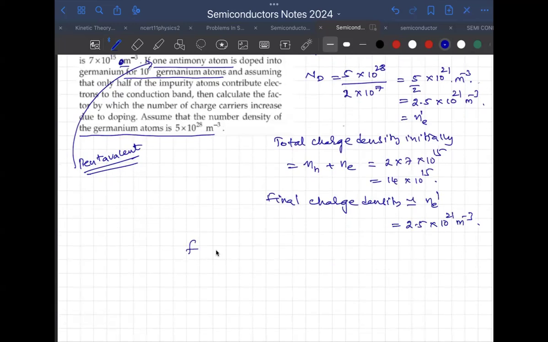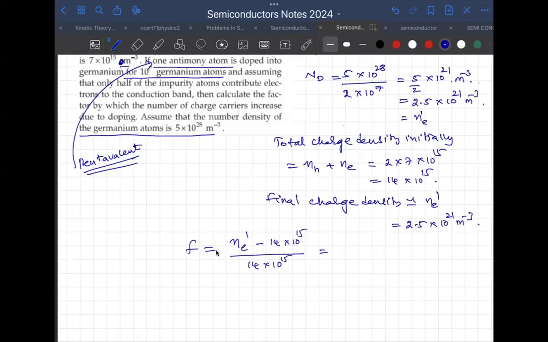Now, the fraction is Ne dash minus 14 into 10 to the power of 15, divided by 14 into 10 to the power of 15. Now tell me, 10 to the power of 21 term minus 10 to the power of 15 term, will that make any sense?